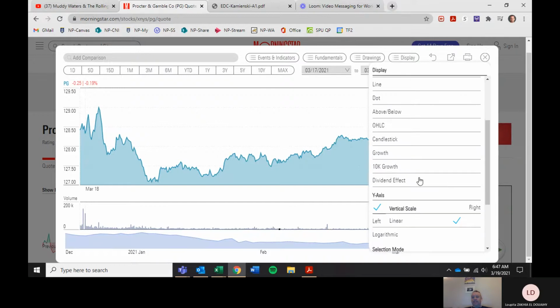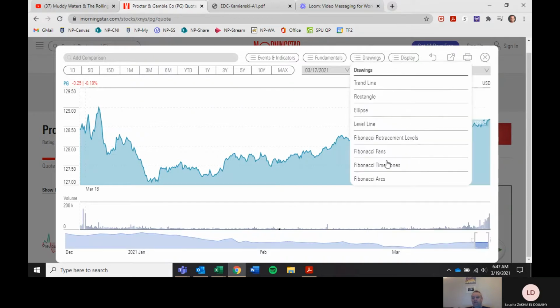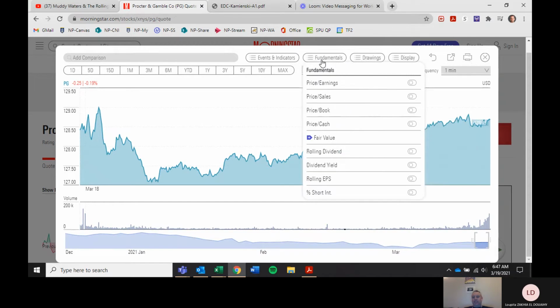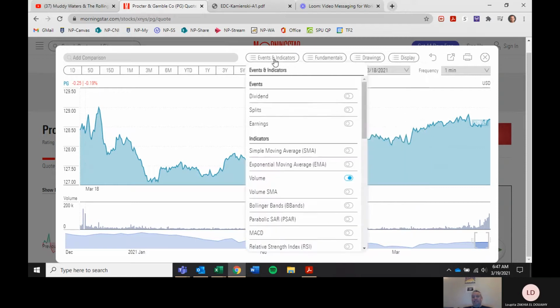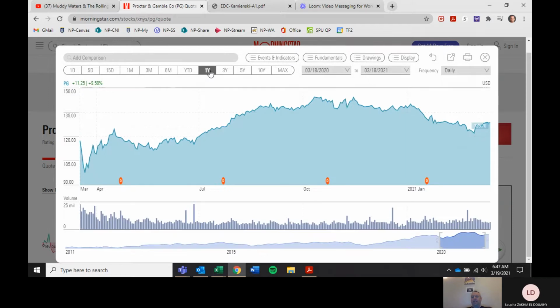Everything from the type of display that we want to see to we can actually draw on top of it. This has some different characteristics that we want to see. And then events and indicators is my favorite. What if we go ahead and click on this dividends one? And then from there, let's look at a 1-year dividend chart.